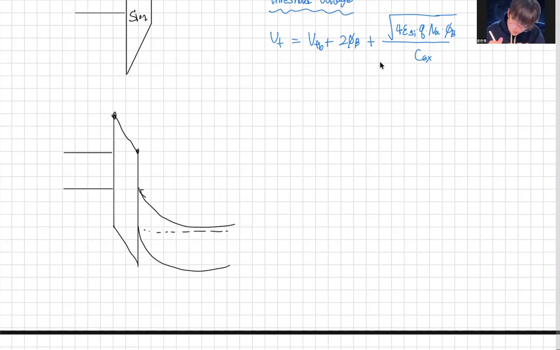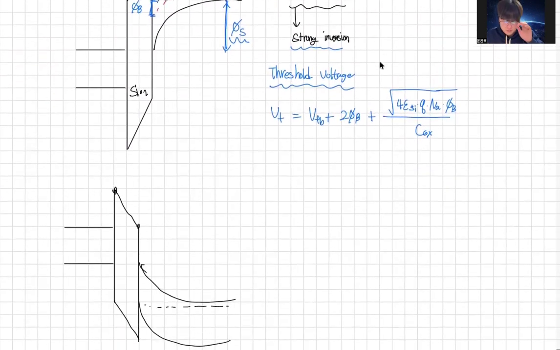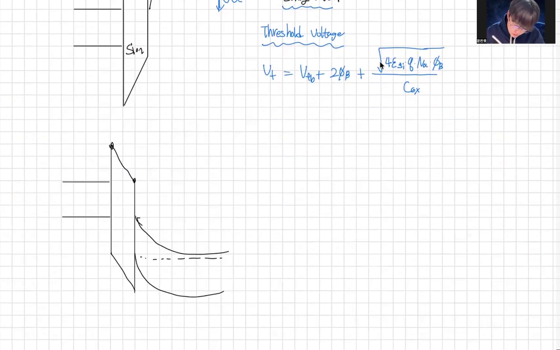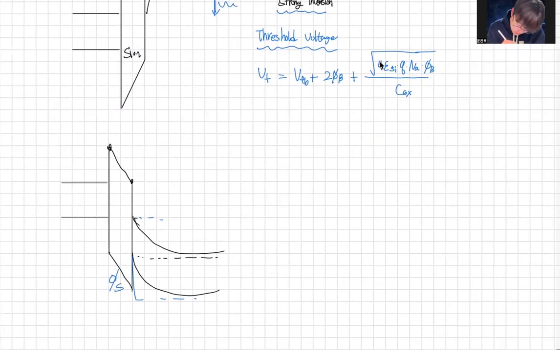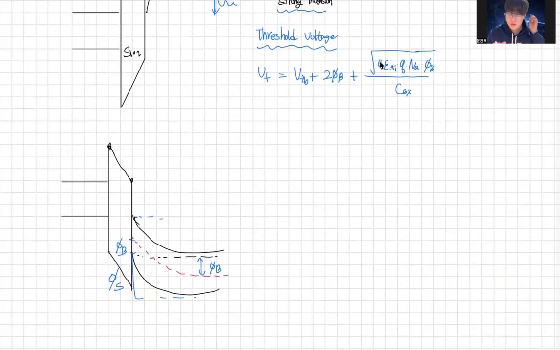With the same principle, the gap up here is phi s, and between the Fermi level and intrinsic Fermi level is phi b, and here is also phi b. So PMOS is the same.